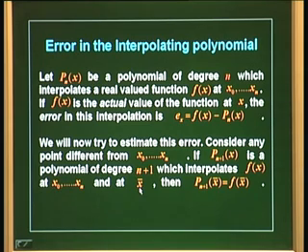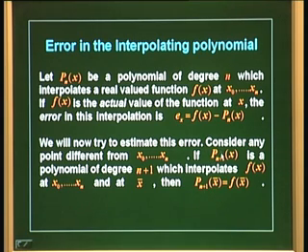Then we can construct a polynomial of degree n plus 1 which goes through x bar, and we call that Pn plus 1, so that Pn plus 1 of x bar is equal to f of x bar. And this is exact because we define the n plus 1th order polynomial as one which takes the function value f of x bar at that point.